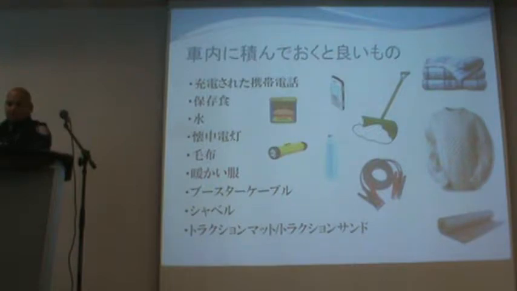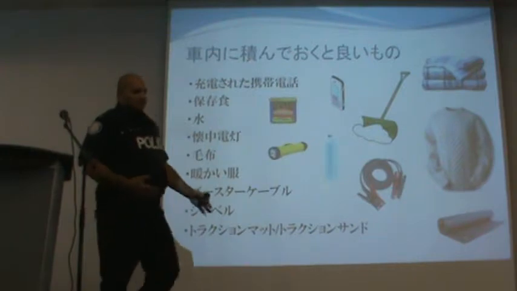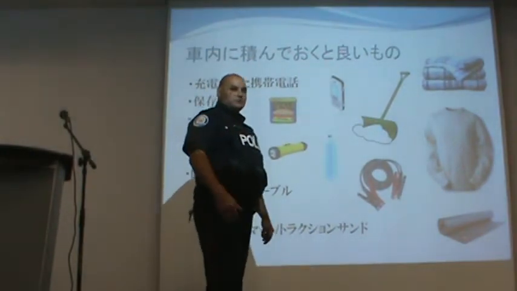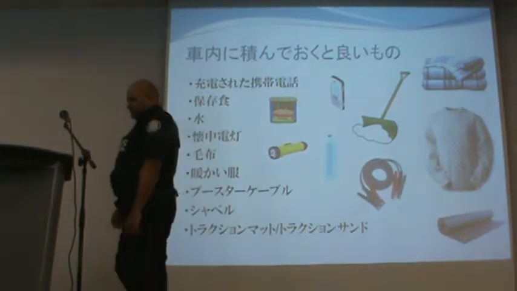So a good little package to have in your car when it's winter, just in case you're stuck on the roadway for a while: blanket, candle, non-perishable food. Your cell phone is probably your lifesaver.